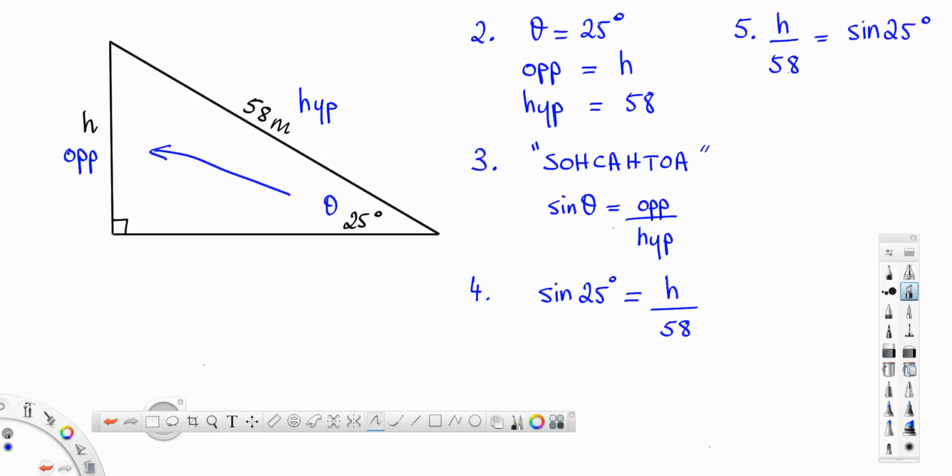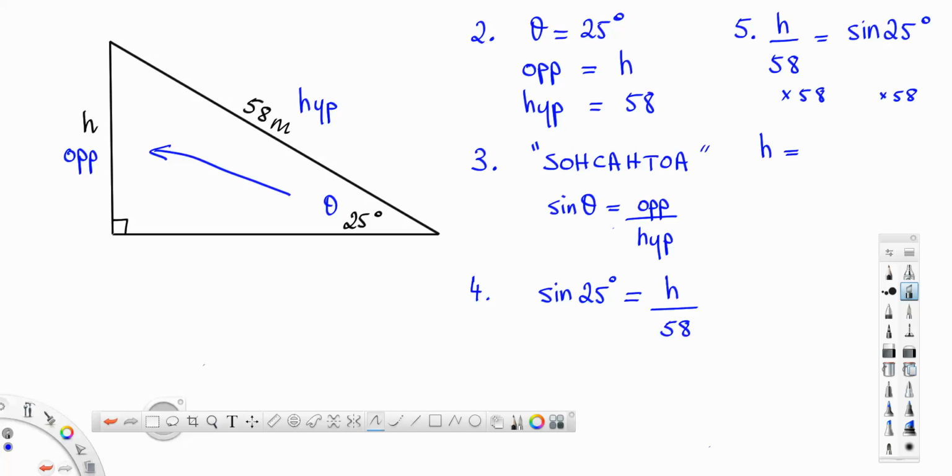Okay, so if I want to work out h, and I've got h divided by 58, then I have to undo that division by multiplying. So we're going to multiply both sides here by 58. And that's going to give me h equals, well, the dividing by 58 and the multiplying by 58 on the left-hand side will just cancel out and leave me with h. That's what I'm after.